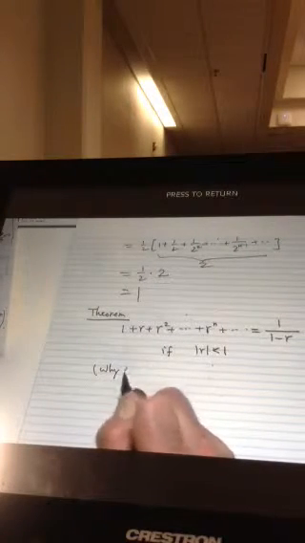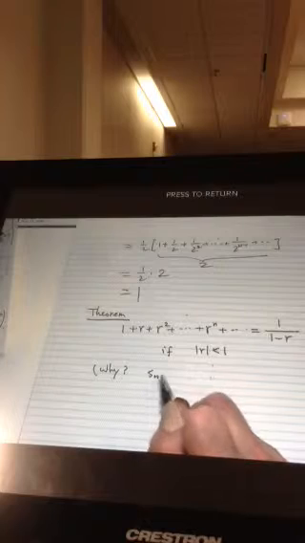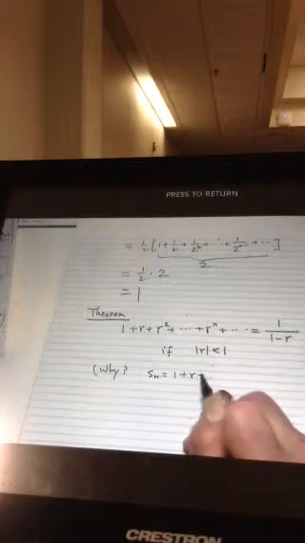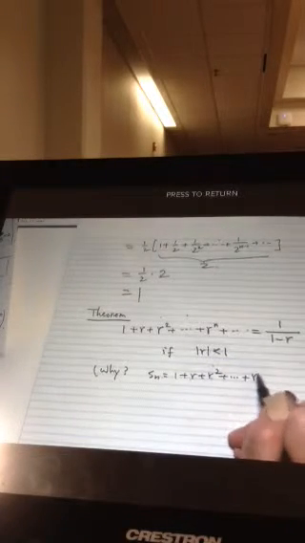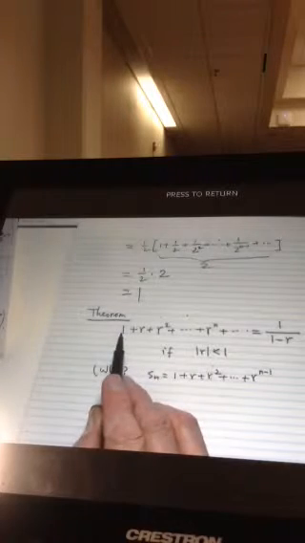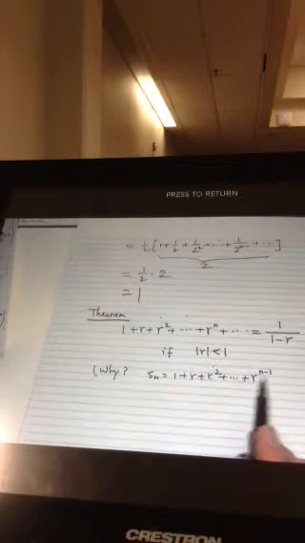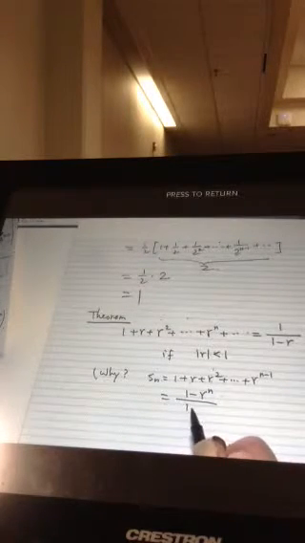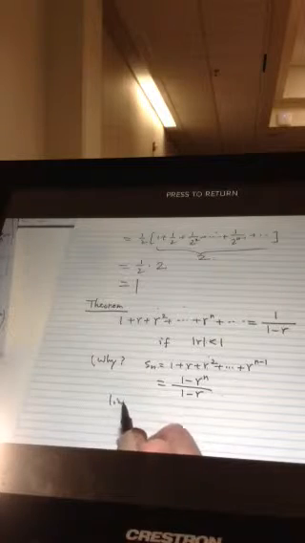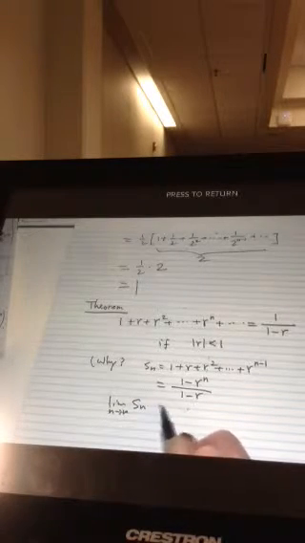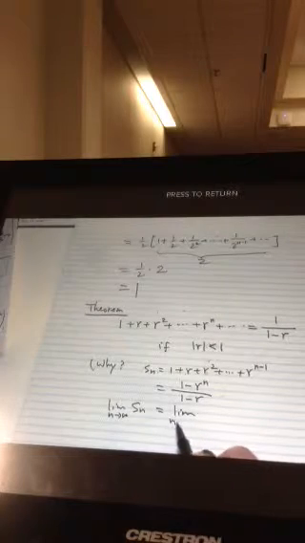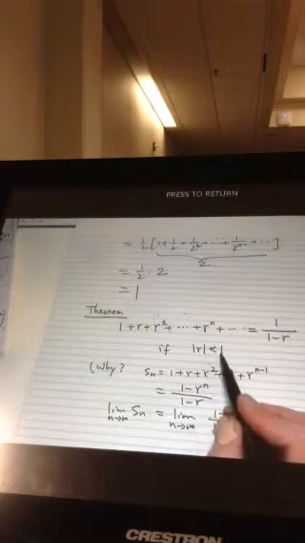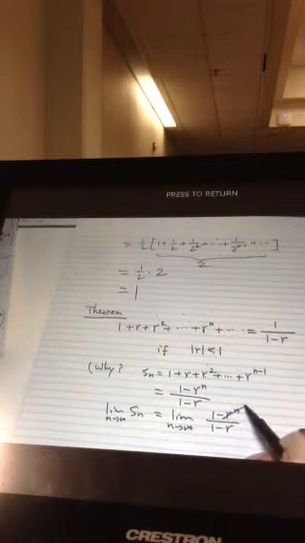Well, this is because the nth partial sum, n terms starting with 1, will be equal to (1 minus r to the n) over 1 minus r, as we did. So the limit as n goes to infinity: because r is smaller than 1, this r to the n drops to 0.